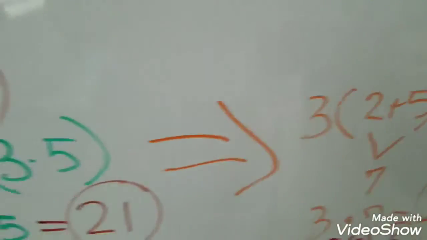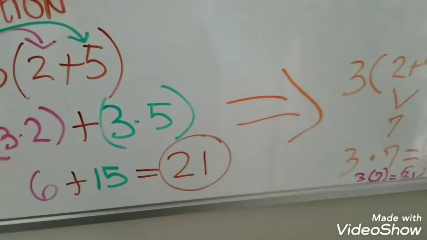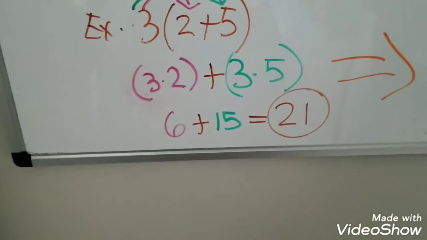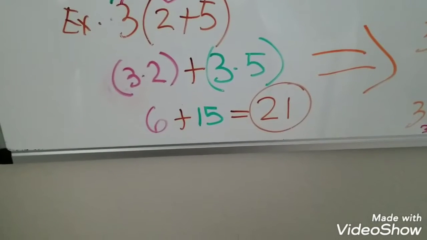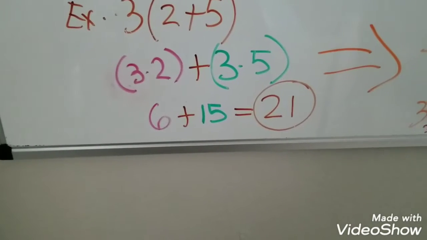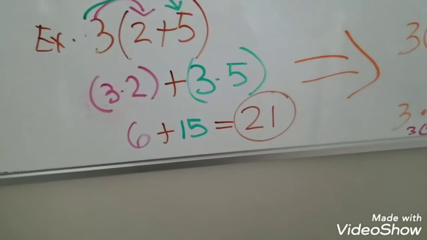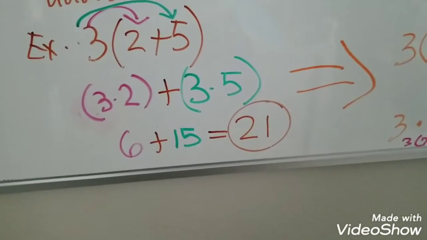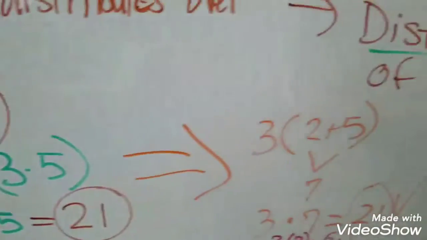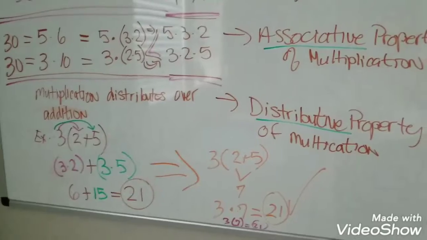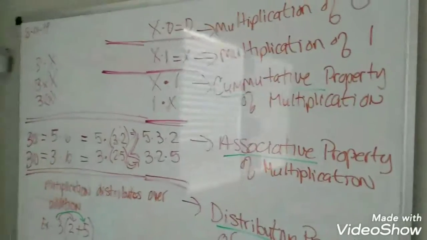So if I give you a problem and say use the distributive property, solve it that way, and we can double check using PEMDAS. If I say solve it using PEMDAS, you can double check by using the distributive property. Make sense? Very good.